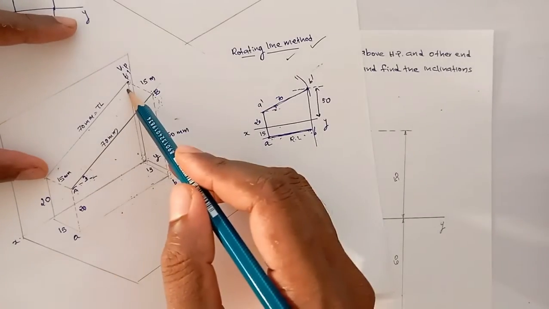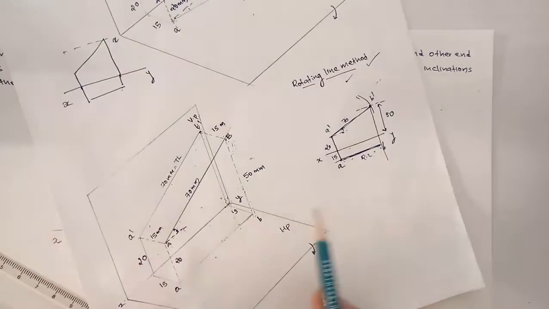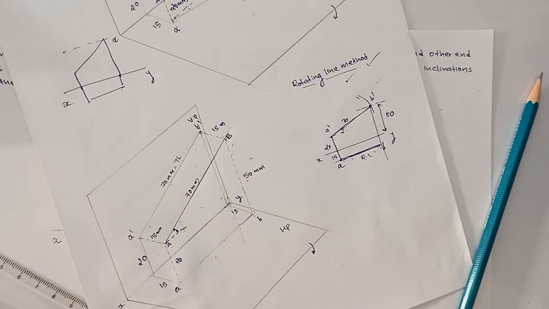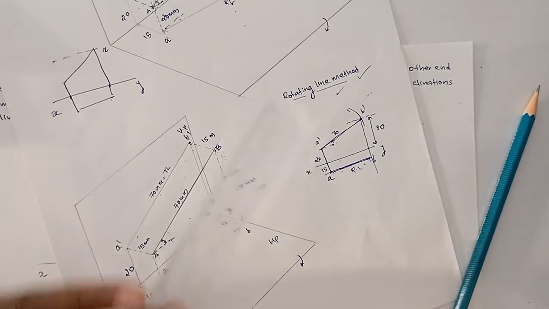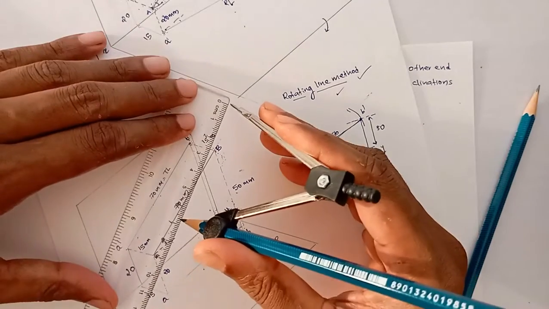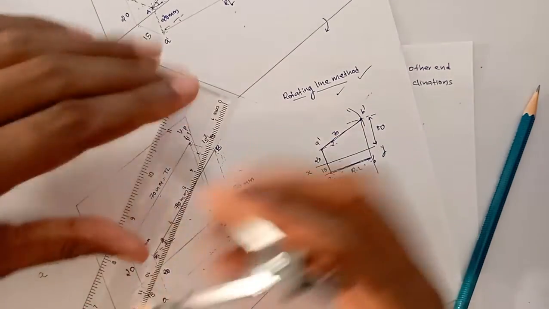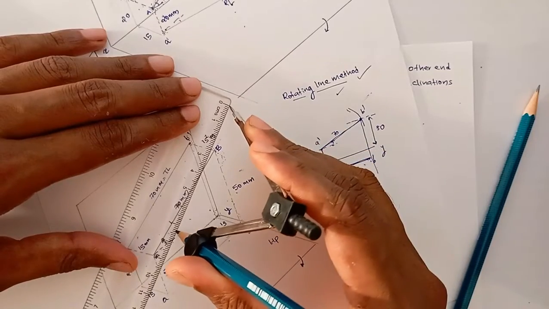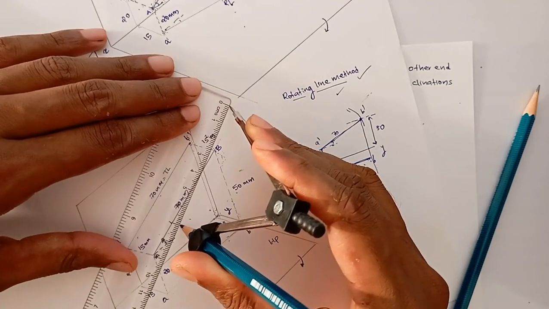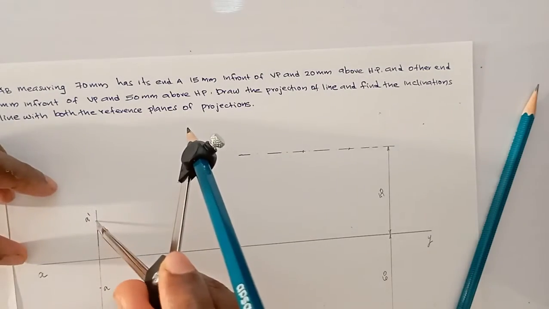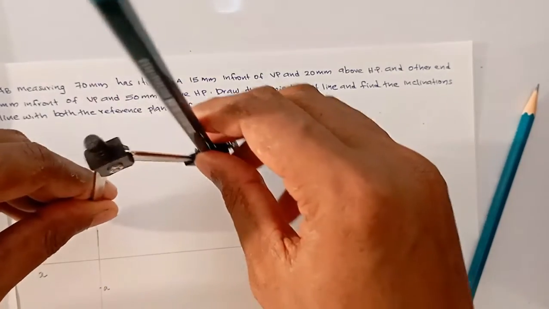This will be the true length, 70 mm. So you have to take 70 mm in a compass and mark the point from A dash.